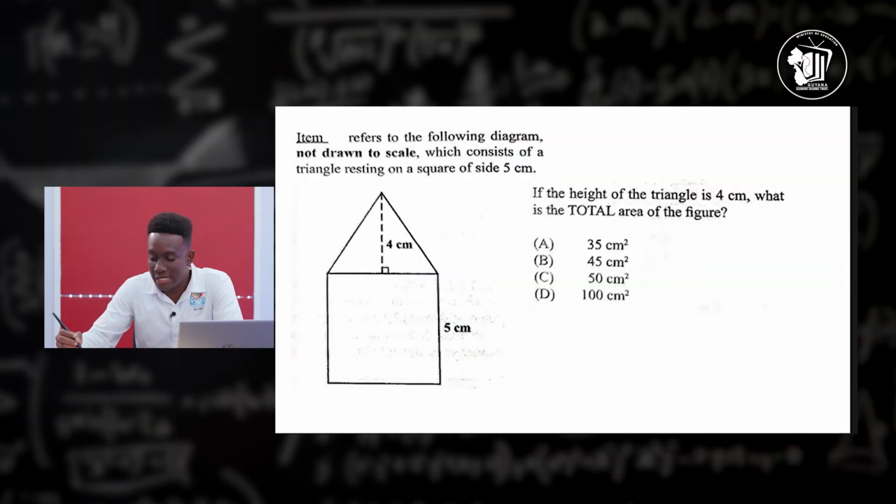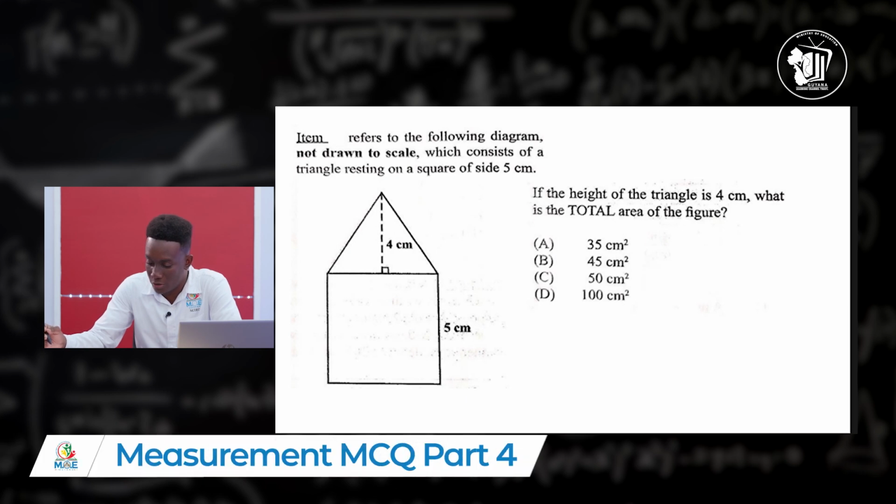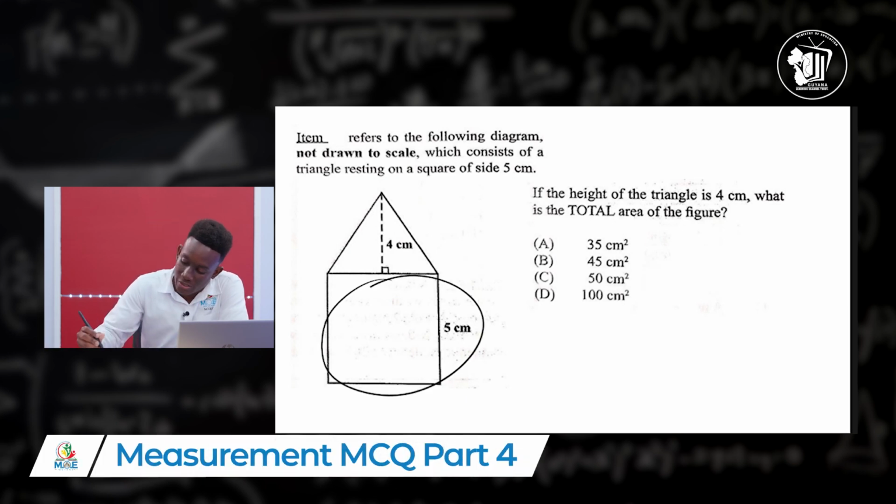And this one says, the item refers to the following diagram, not drawn to scale, which consists of a triangle resting on a square of side 5 cm. So if the height of the triangle is 4 cm, what is the total area of the figure? So we know this piece here is a square. So if here is 5, that means the base is also 5 cm.